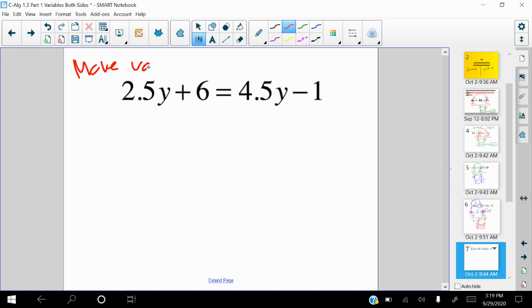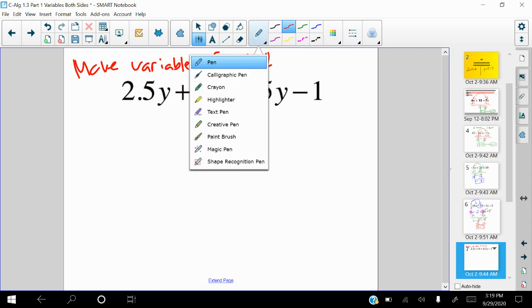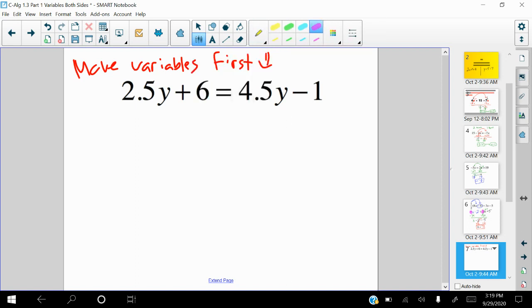So move your variables first. Trust me, it's going to pay off in the long run. So I'm comparing 2.5 and 4.5. Which number is bigger? Well, 4.5 is.